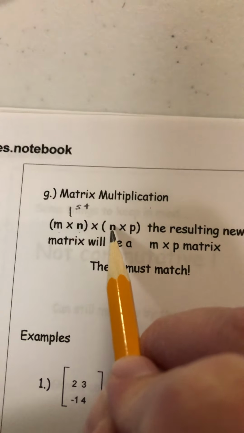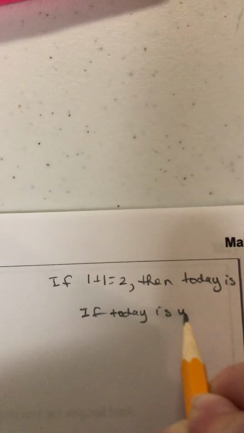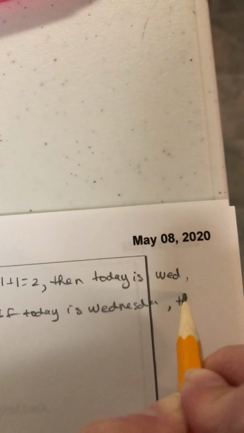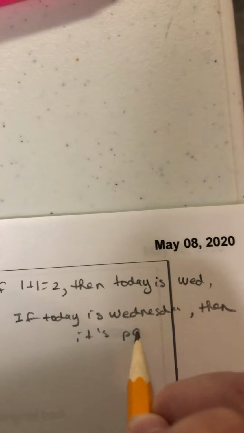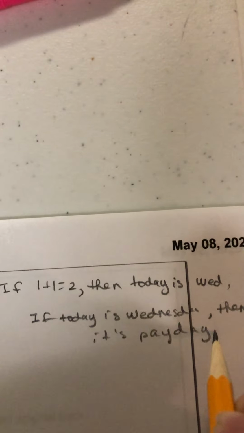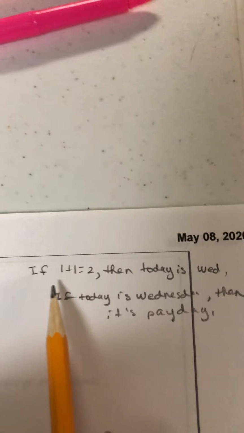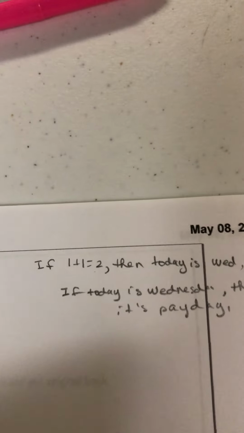And if today is Wednesday, then hey, it's payday, let's say. So what conclusion can you make from these two sentences? Well, you can combine the two and it becomes: if 1 plus 1 equals 2, then today it's payday. So that same kind of concept applies here.